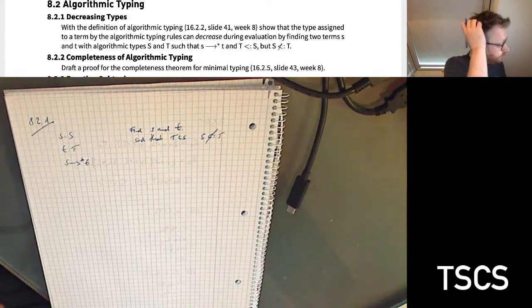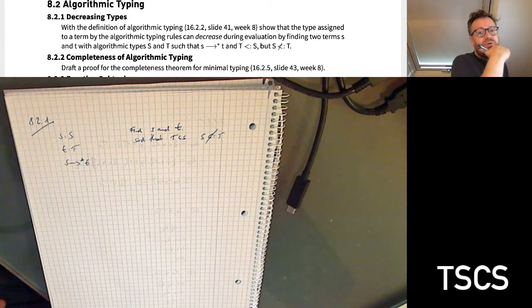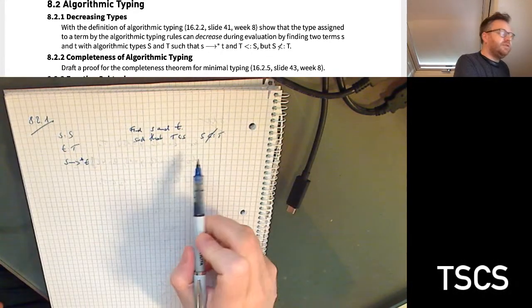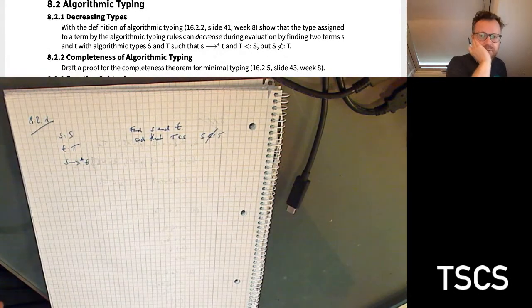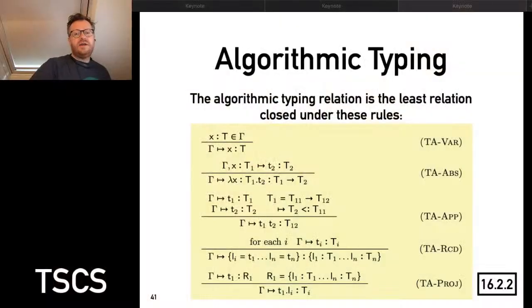So what's the first insight? We need something that is a decreasing type. And think about what the only point was where we would actually have decreasing types. If you go back to the lecture slide, where's the only thing where we actually have decreasing types? Anything where subtyping relations were actually in it.